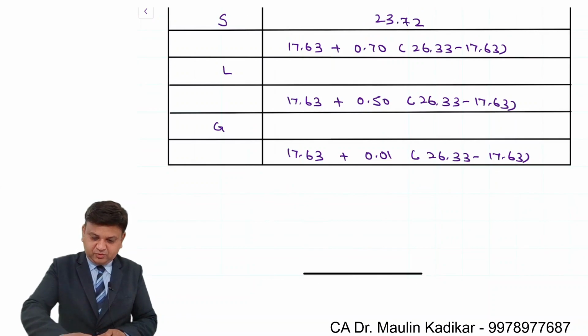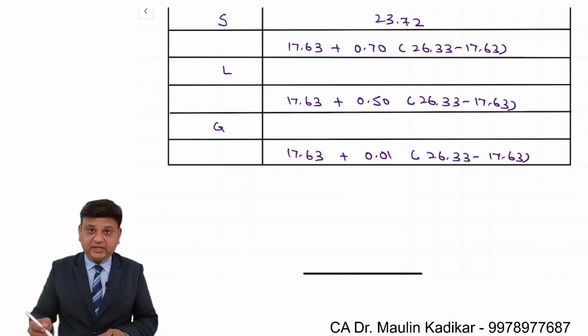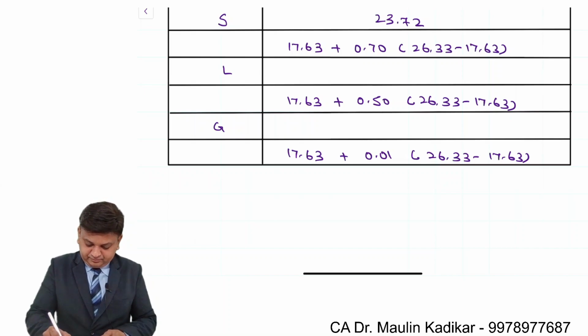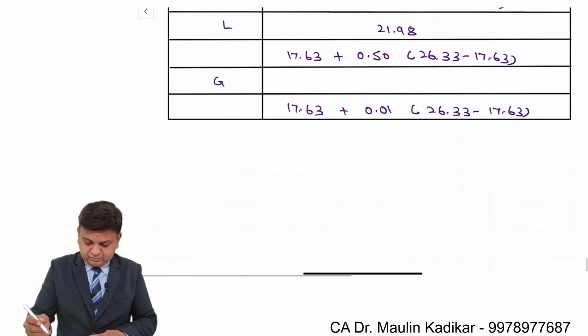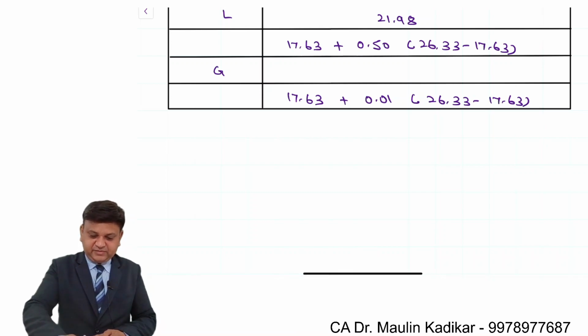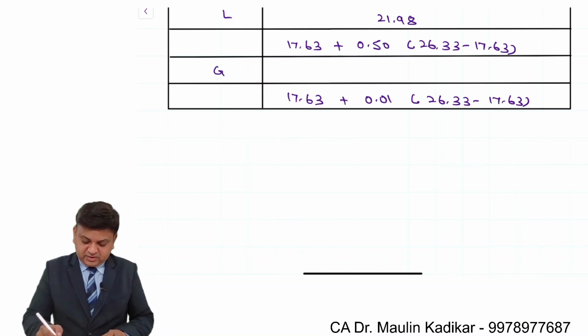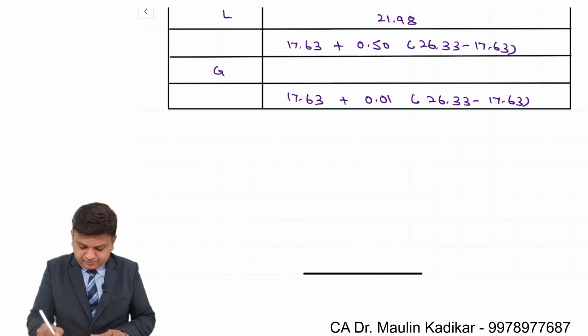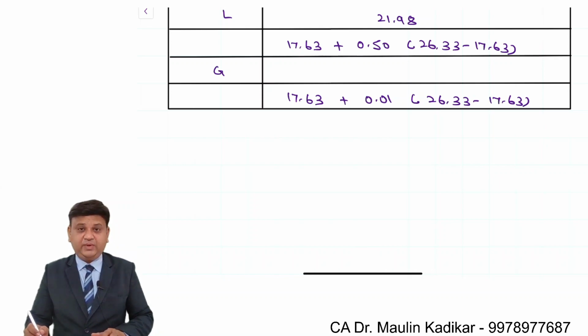Again 8.7 into 0.5 plus 17.63. That is 21.98. Again 8.7 into 0.01 plus 17.63. That comes to 17.72. This is the way the required rate of return can be calculated.